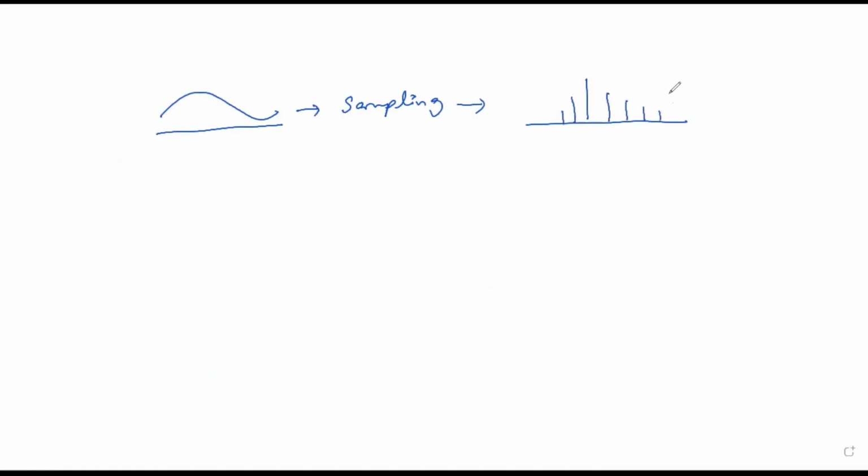In sampling, we started with an analog signal, right? And after sampling, the whole process involved gave us an equivalent discrete signal that was sampled at a particular frequency and a time period, that is Ts, right?